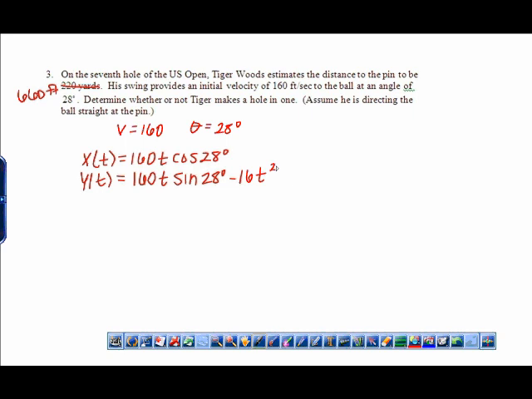Okay, so what we're thinking about here is what is the time that it takes the ball to get there, and then will he have enough initial velocity to make it horizontally? So first what I'm wanting to find out is, not what is the time to the pin, but what is the time that the ball's in the air?